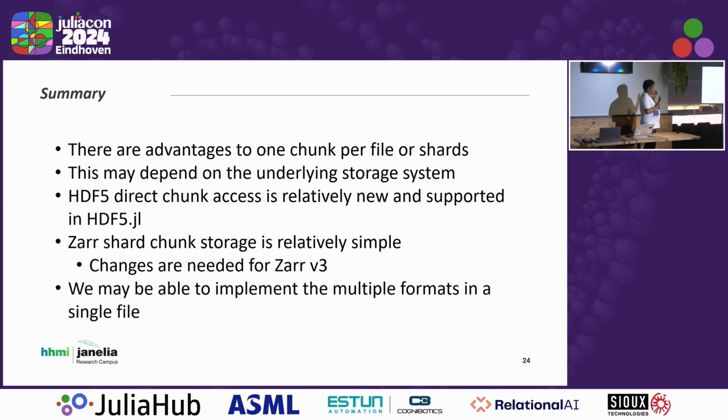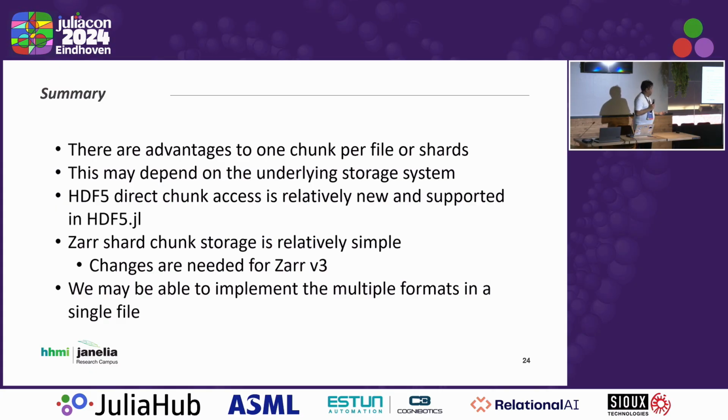Basically, we've been using Zarr because there are some advantages to having one file per shard. It's very simple. It allows you to access individual objects. But this very much depends on the underlying file system, especially if it's a Windows file system. But now we've implemented very efficient direct chunk access that we can access from Julia.